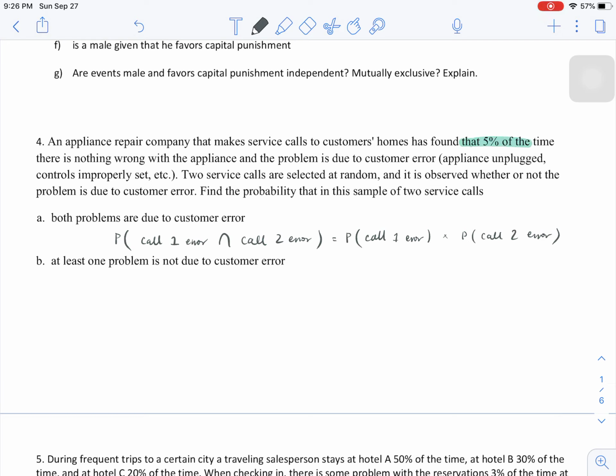So this is 0.05 times 0.05. And that is equal to 0.0025. So the probability that, given a sample of any 2 random service calls, both of them are just due to customer error is very small, 0.0025.